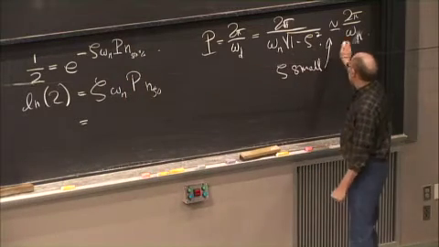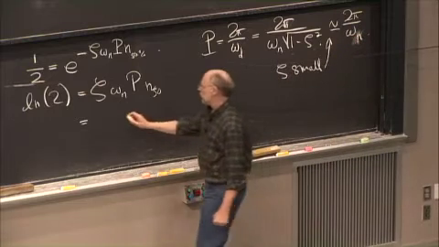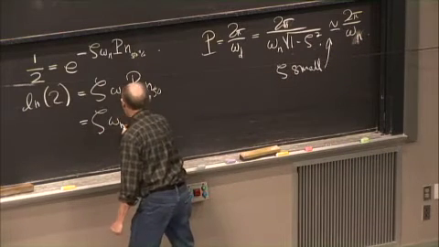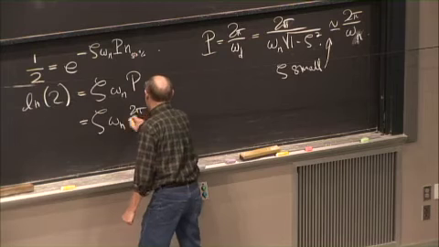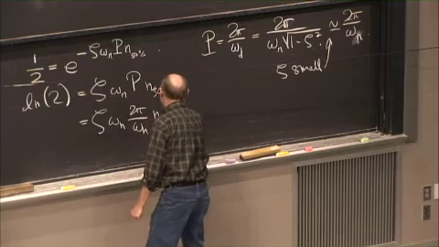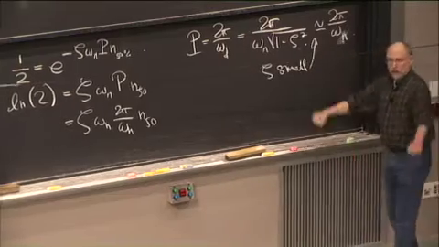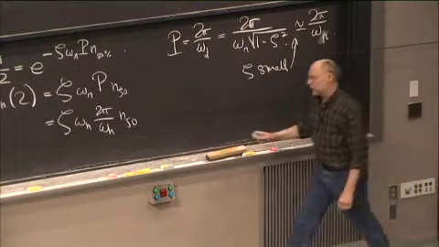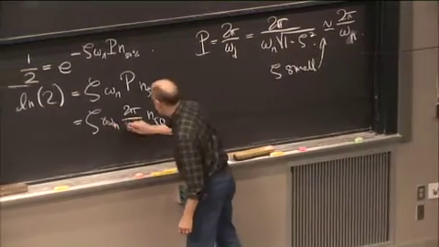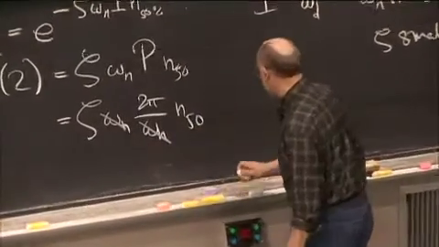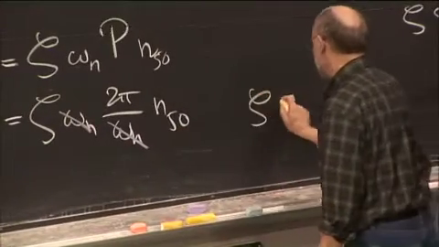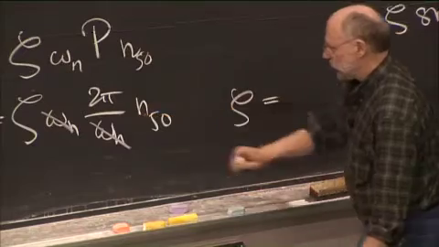I'm going to put this formula in for p. So I have zeta omega n times 2 pi divided by omega n times n50. Cancellation happens. These cancel.